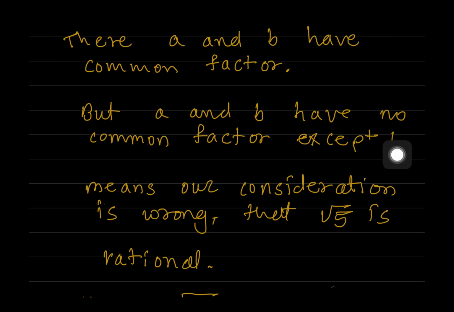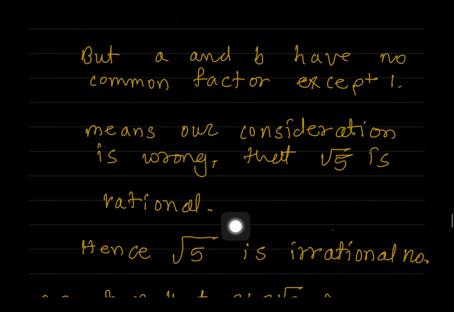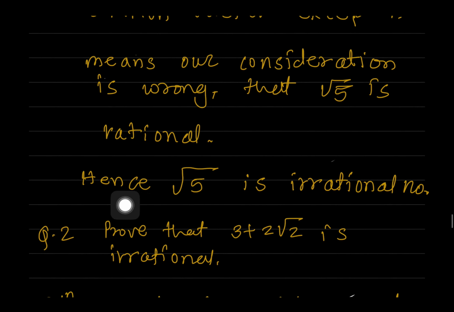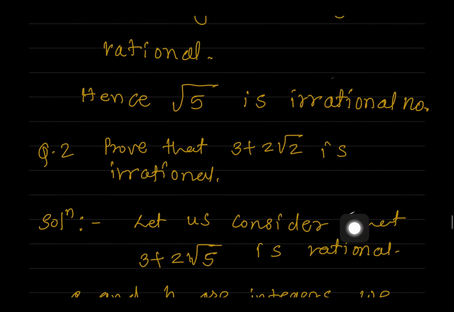Then only one common factor is there, so it is wrong. So root 5 is not a rational number; after solving this we conclude that root 5 is an irrational number.